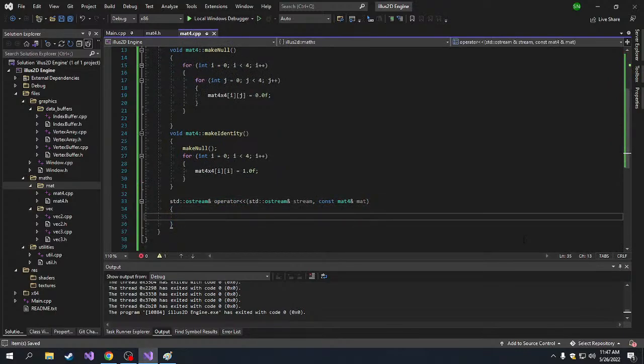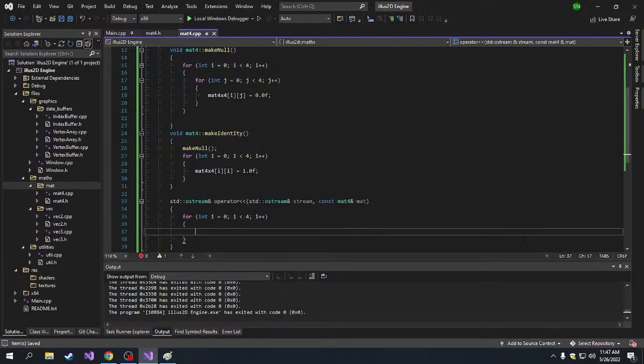So we're basically going to print it to the console. So it's pretty simple. We'll make another for loop. So int i equals 0, less than 4, i plus plus. So this is going to loop. So this for loop is going to loop over the rows, and another for loop is going to loop over the columns. Not the column, the actual data in the rows. So j equals 0, j is less than 4, j plus plus.